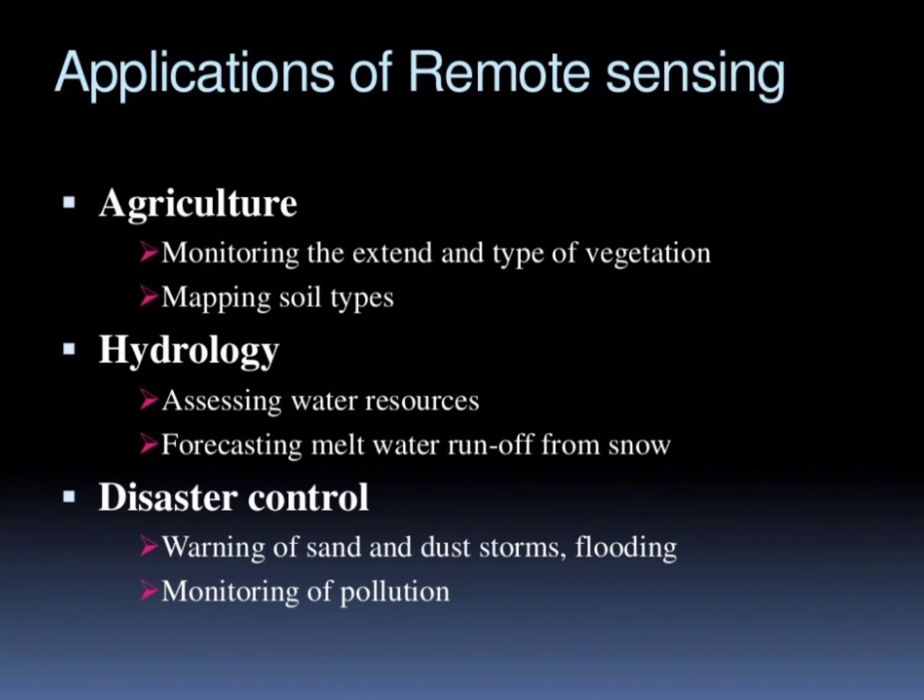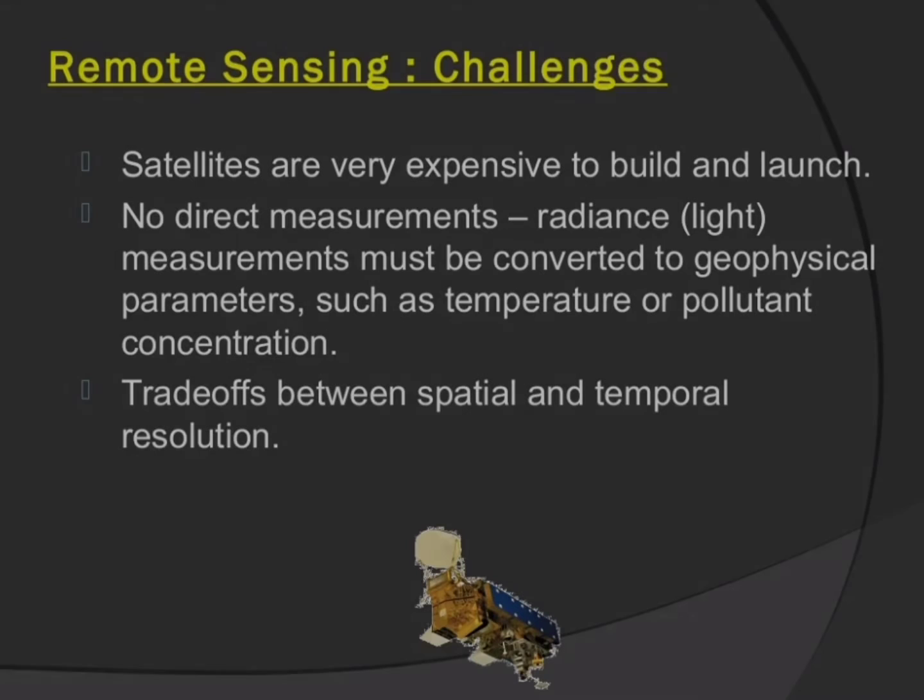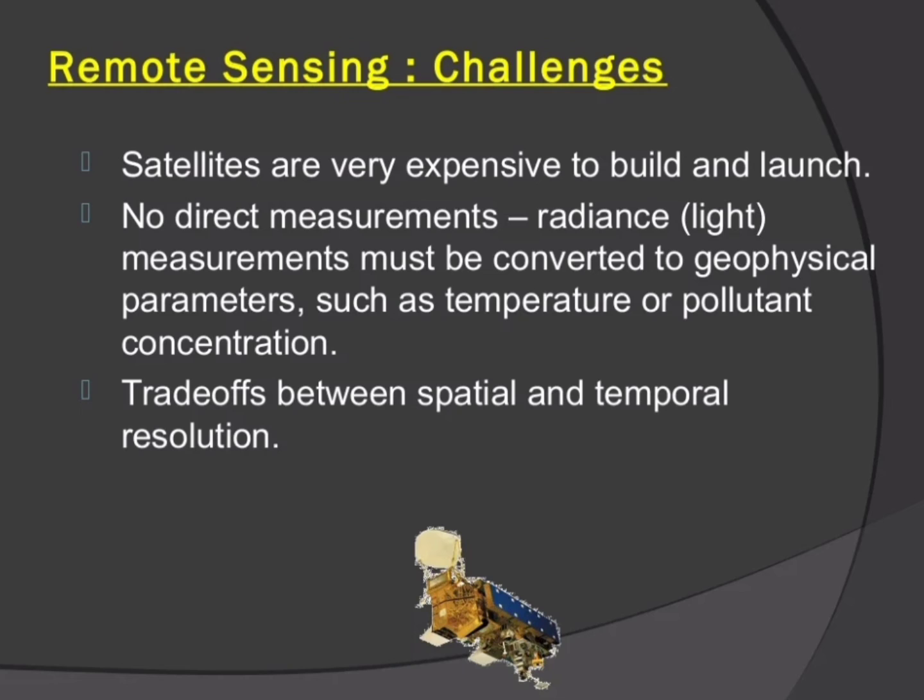There are some applications of remote sensing, like agriculture, hydrology and disaster control. In agriculture, we can monitor the extent and type of vegetation and map soil types. In hydrology, we can assess water resources and forecast meltwater runoff from snow. Remote sensing also has some challenges.